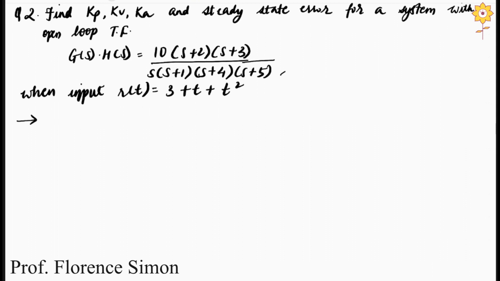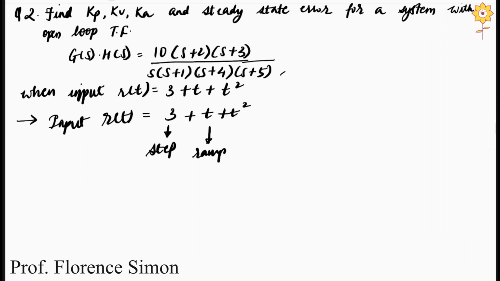Okay. So, the input, that is R of t is given as this, correct. So, this term indicates step, this indicates ramp, okay. And what about this? We will have to update this, okay.